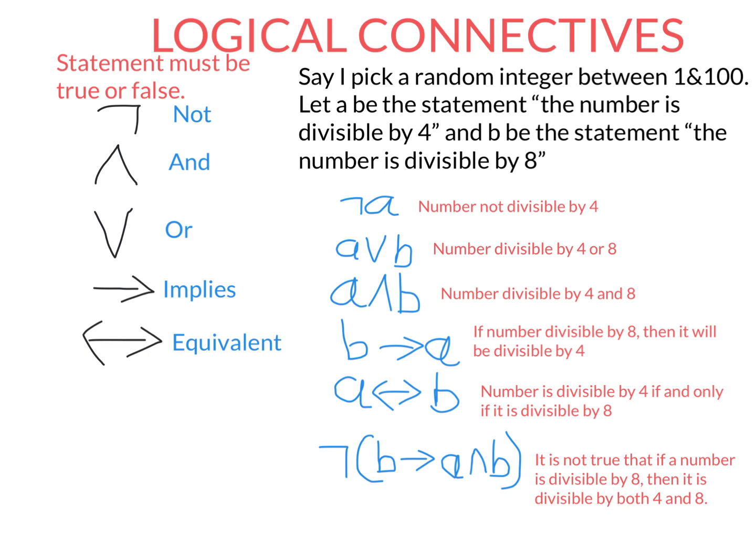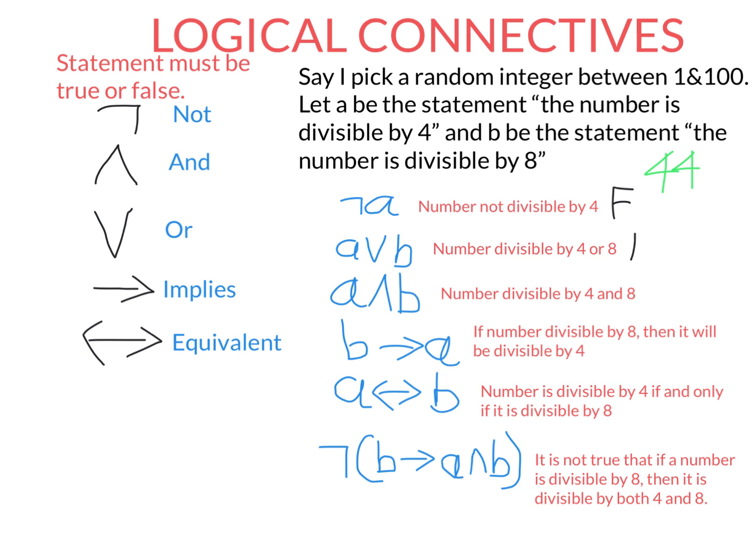You might have realized that the first 3 statements, their truth or falsity depends on the actual number picked. So let's say I pick the number 44. If 44 is the number picked, not A is saying the number is not divisible by 4. Well, that's false because the number is divisible by 4. A or B is saying 44 is divisible by 4 or 8.